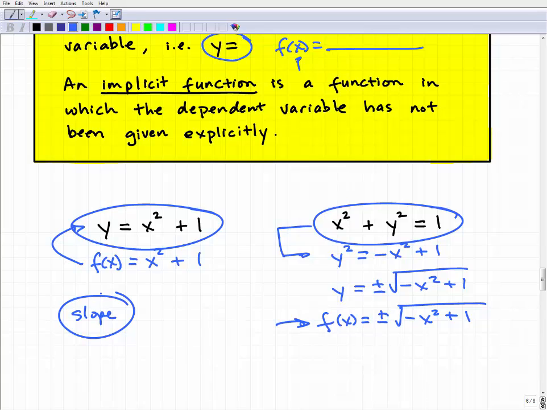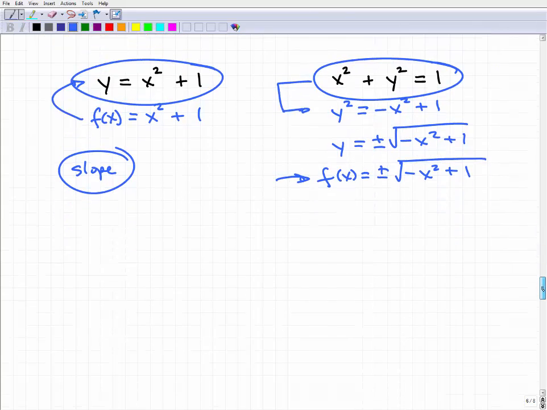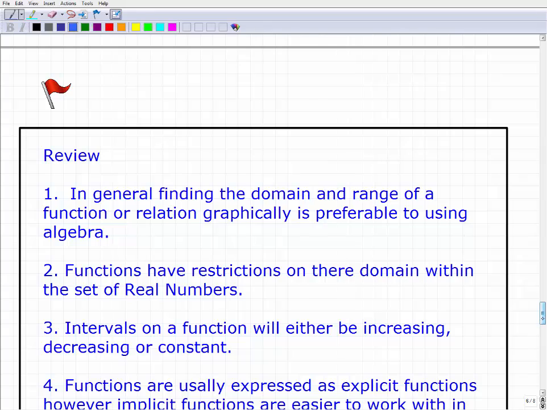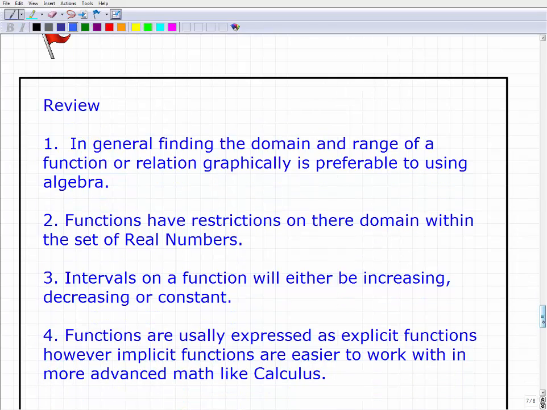I'm kind of getting way ahead of what we're talking about here, but I want to link together the concept of slope, increasing functions, decreasing functions, constant functions, implicit and explicit functions, etc., while we're studying it. Again, it's all to get you really ready for the study of calculus. Okay, so again, it's important that you do the practice problems, but let's review what we learned in the lesson.